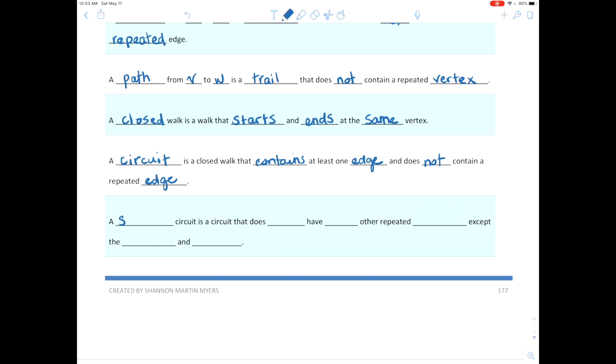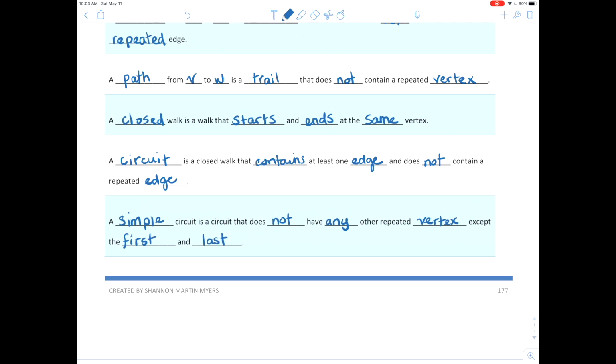A simple circuit is a circuit that does not have any other repeated vertex except for the first and last.